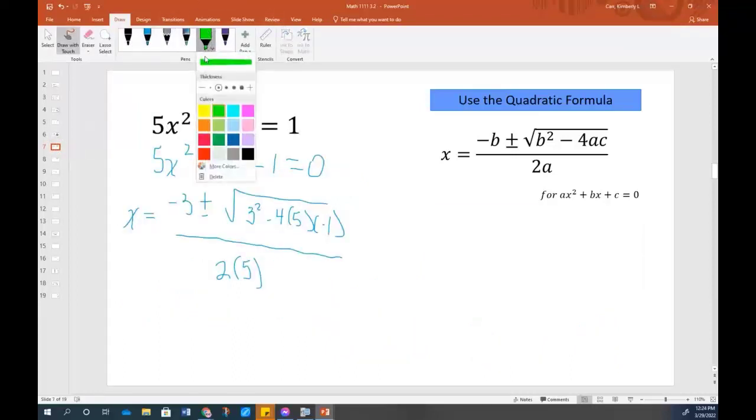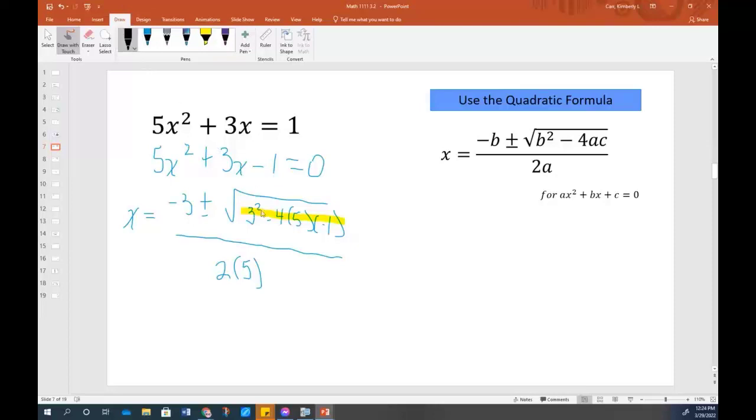Okay, so first thing we want to do again is calculate this discriminant right here. If you do that, we get 9 plus, because the two negatives undo each other, 20. So that's going to be the square root of 29 right there. I have negative 3 plus or minus the square root of 29 all over 10.